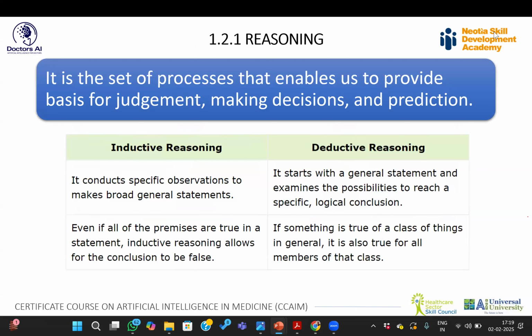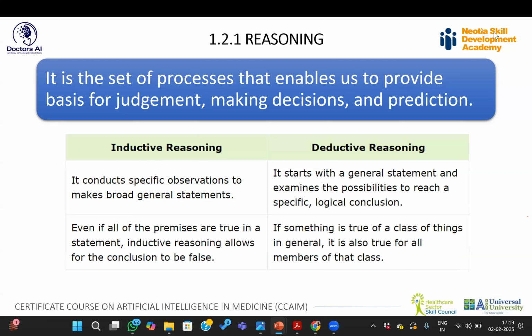Now let's look at each of these segments of intelligence a little bit more in detail. As I said in the introduction, understanding intelligence is exactly the way we want the intelligent form of an AI tool to work. So one is reasoning, which is the set of processes that enables us to provide a basis for judgment, making decisions and prediction. And as you look at reasoning, there are two types of reasoning.